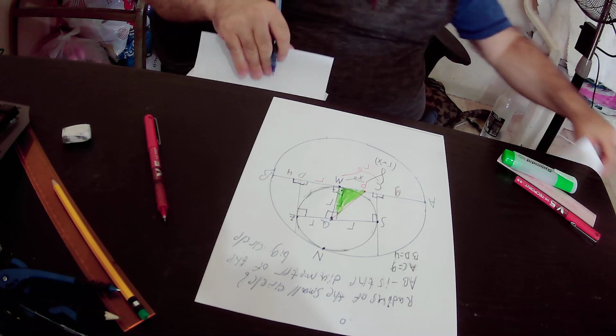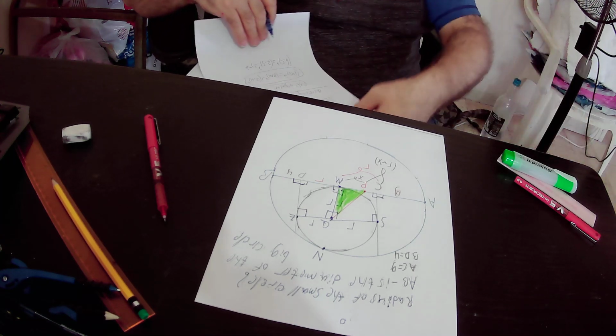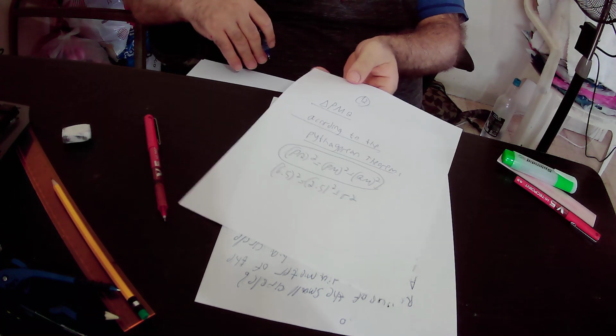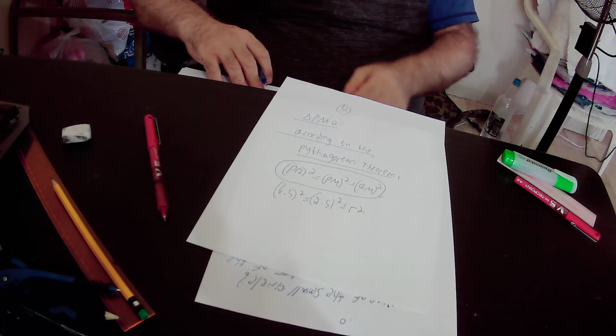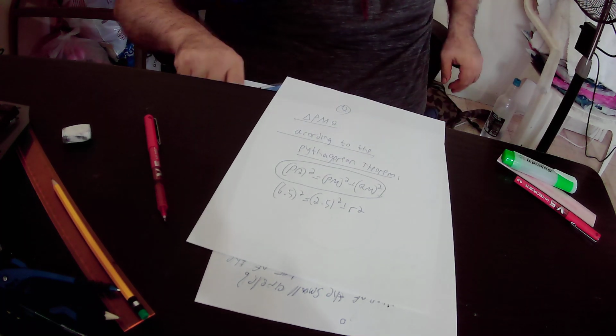So in total we got that 6.5 square equals 2.5 square plus small r square.